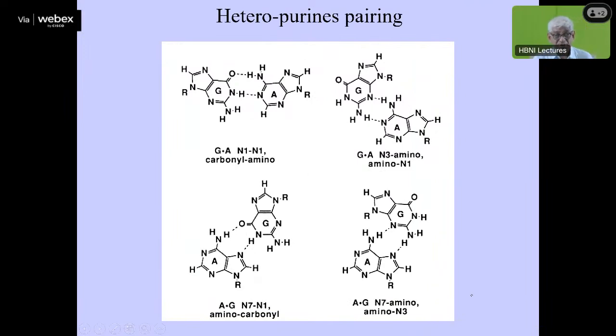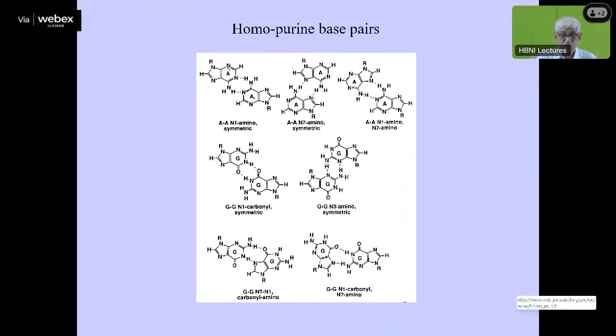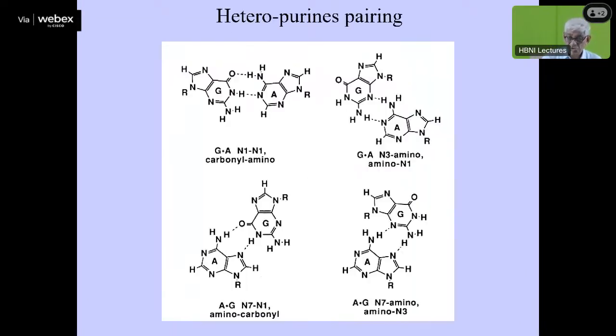So then you can have heteropurine. The previous one was homopurine, that is A to A and G to G. You can also have heteropurine, that is A to G base pairs, and different possibilities. GA N1, GA N3 amino N1. You see here N1 is this position here. This is N1, this is N1, N1 to this one there.